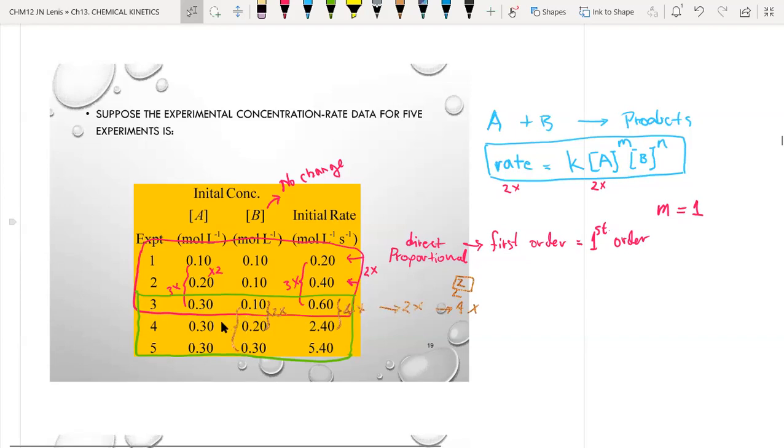So we are multiplying the concentration 3 times. We're increasing this concentration of B 3 times from here to there. Let's see how this change affected the speed of the reaction. So the speed of the reaction went from 0.60 up to 5.40.